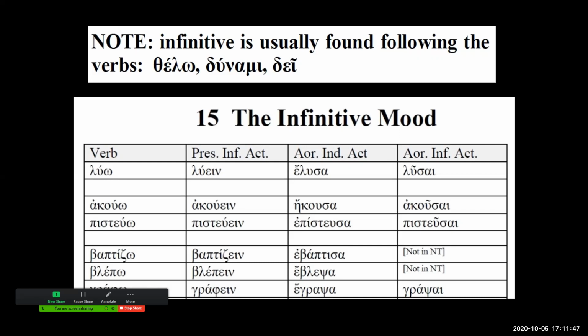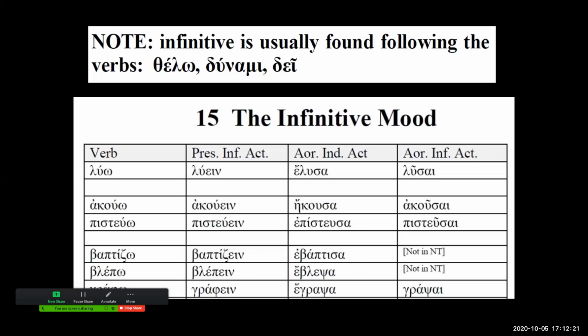Infinitive form. I want. Thelo needs, in other words, an infinitive to finish the sentence. So does dei, the third person singular of deo. It is necessary. It is necessary to what? I need an infinitive. It is necessary to go. It is necessary to sit. It is necessary to eat.